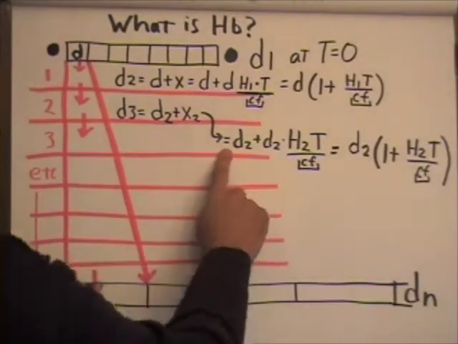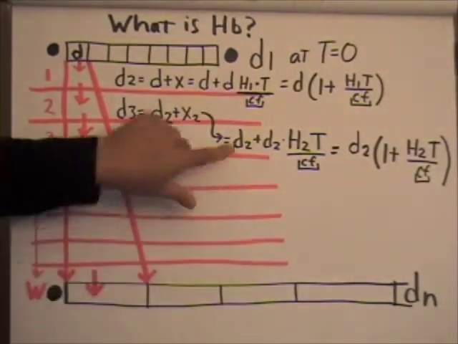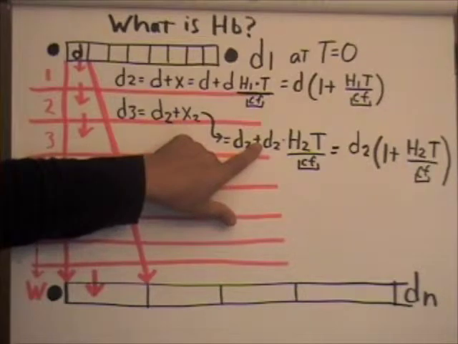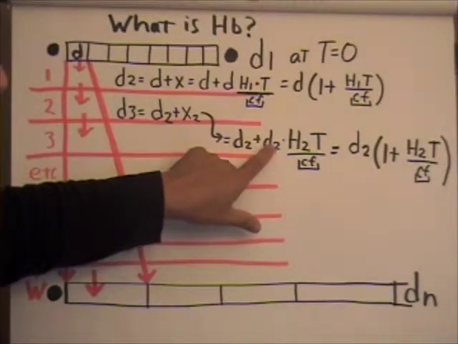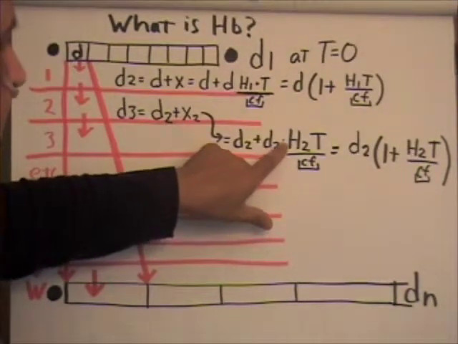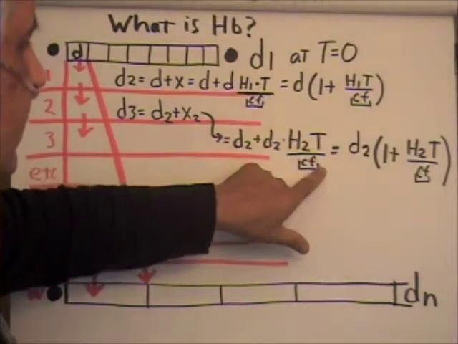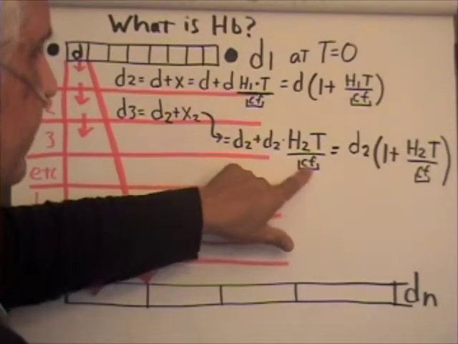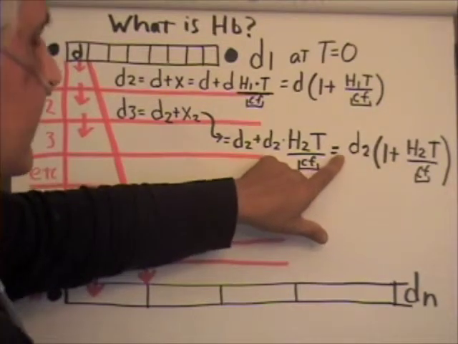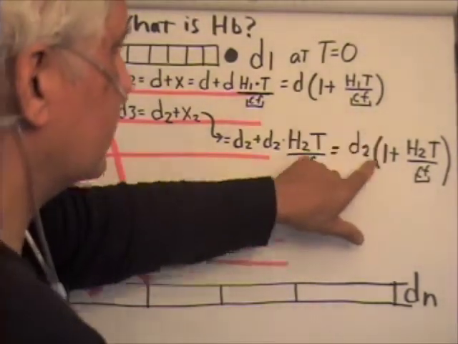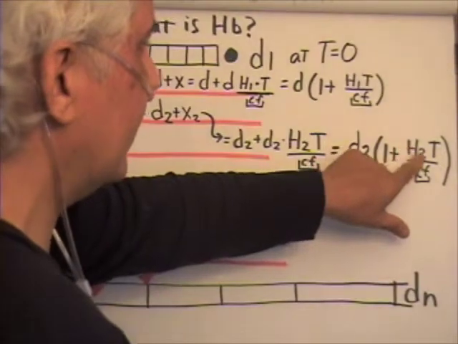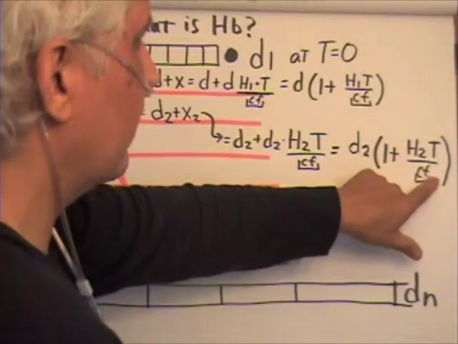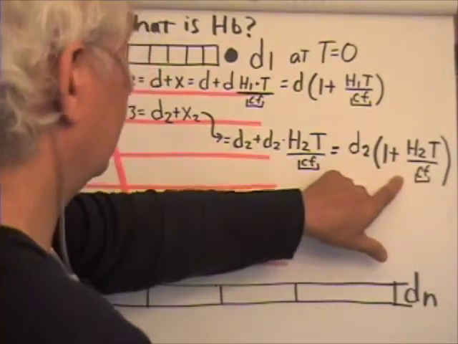And that equals d2 plus d2 times h2 times t over the conversion factor. Rearranging to simplify gives us d2 times 1 plus h2 times t over the conversion factor.